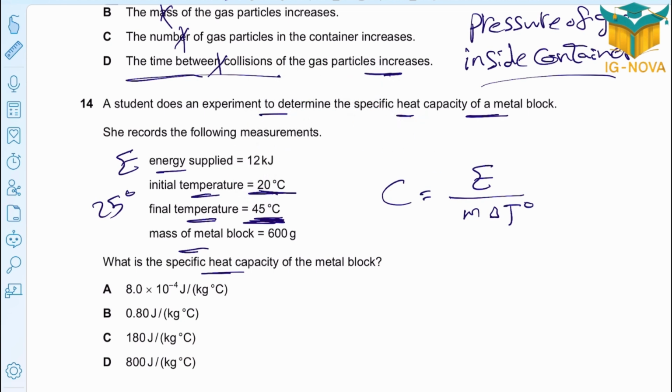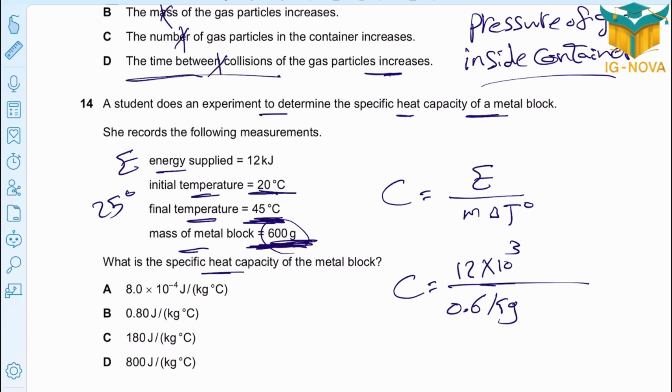Easy to find C? Yeah. C will be 12 kilojoules, so 12 times 10 power 3. Mass, it's 600 grams. Do I use grams here? Surely no. So it's 0.6 kilograms. The change of temperature is 25.